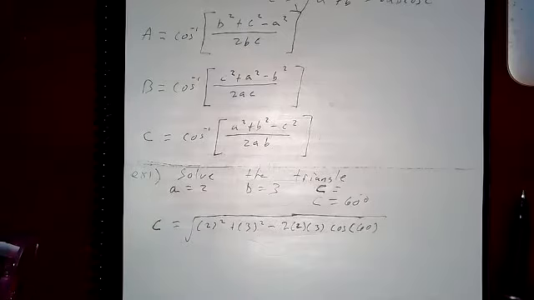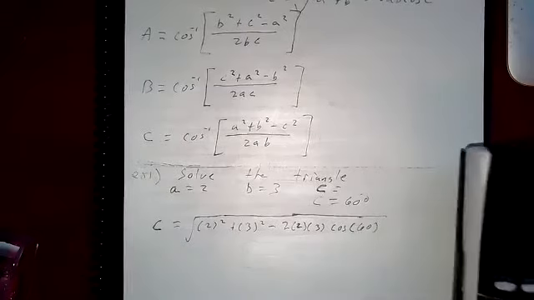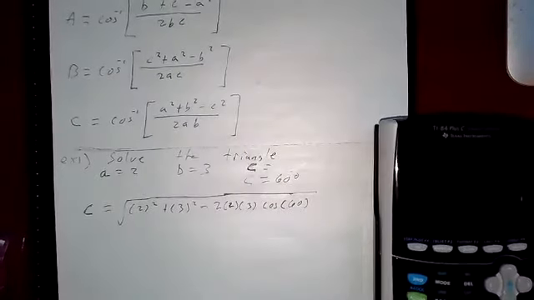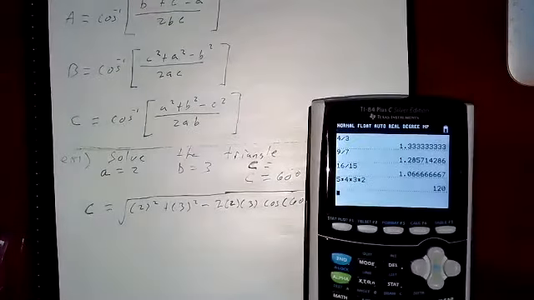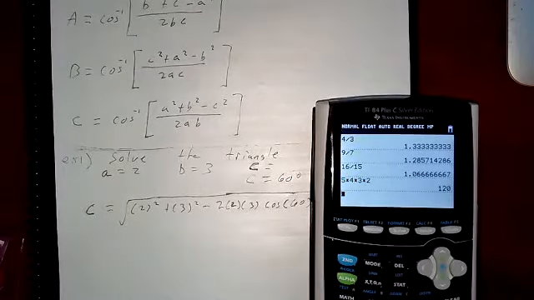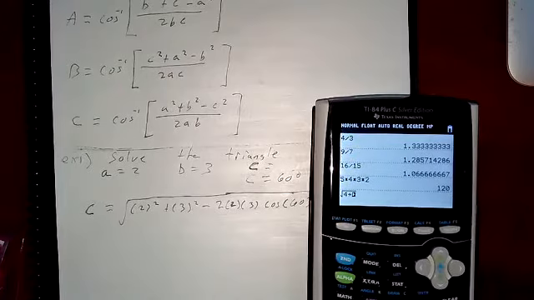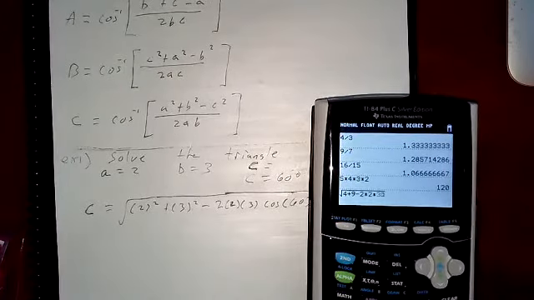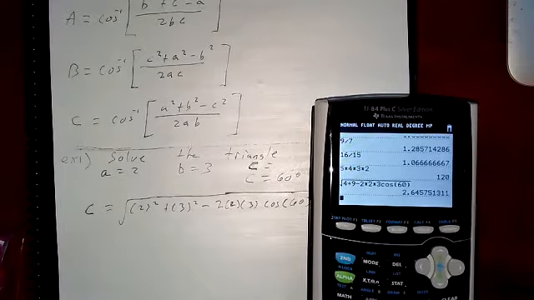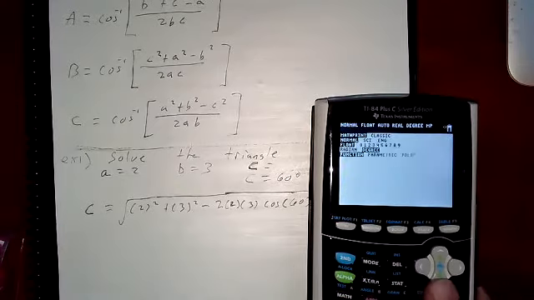Let me find my calculator. Okay. Second, square root. So that's 4 plus 9 minus 2 times 2 times 3 cosine 60. Am I in degrees?